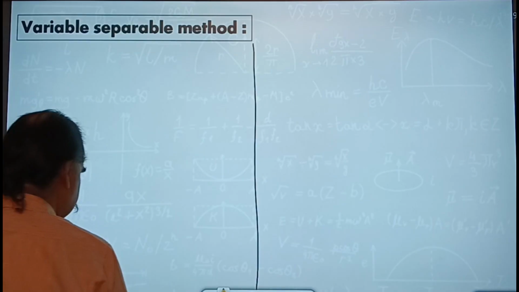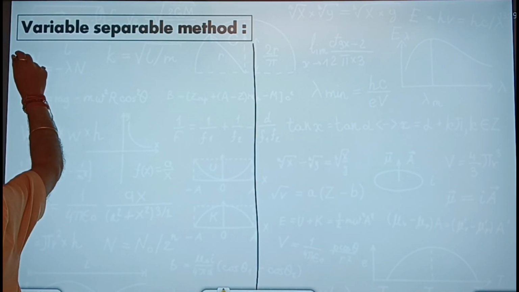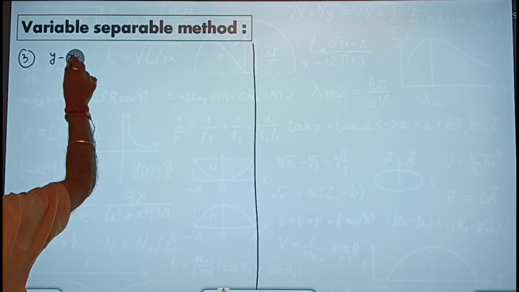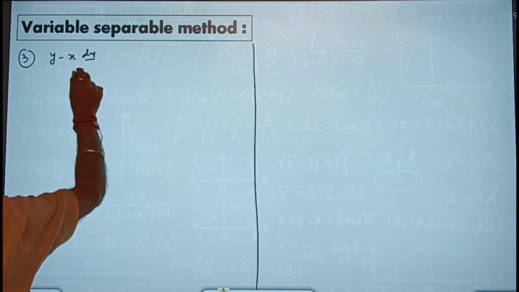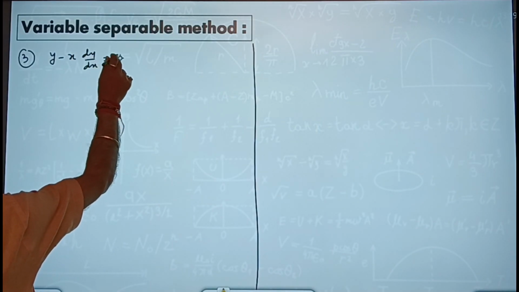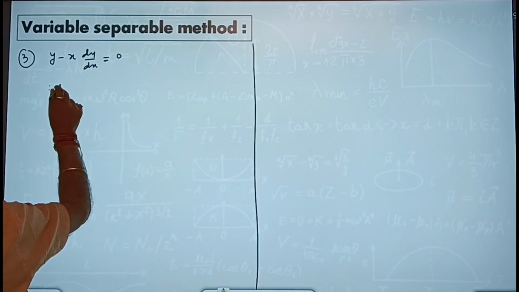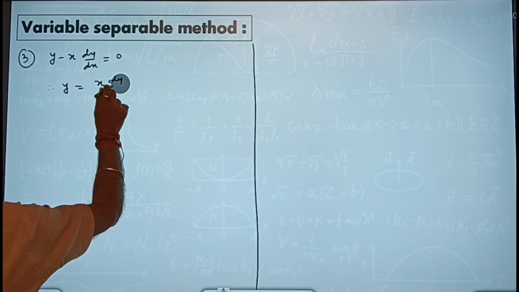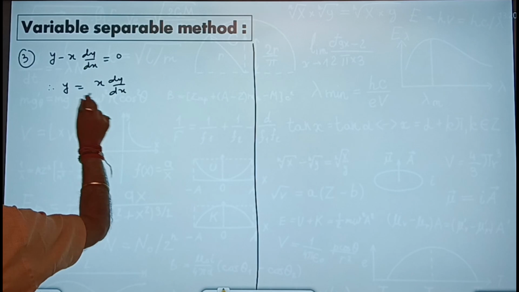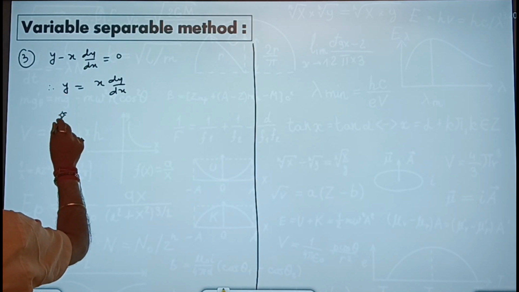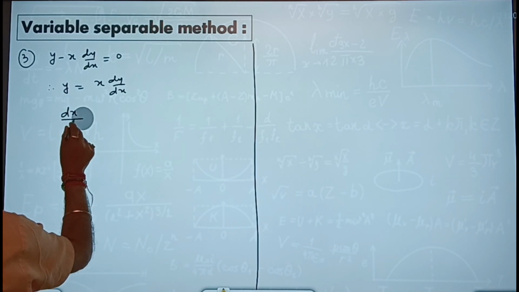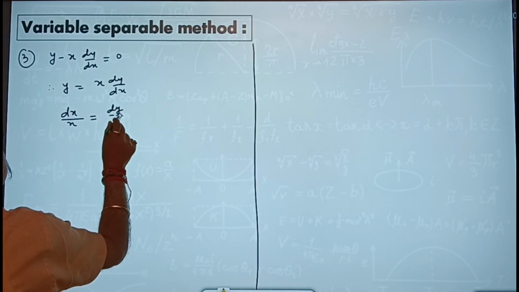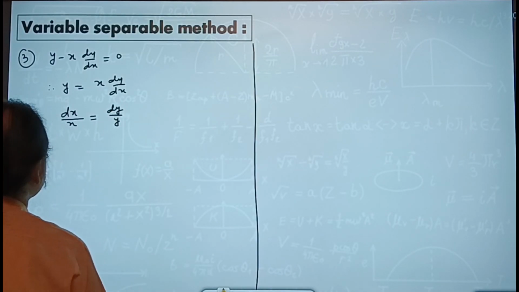Next, y minus x dy by dx is equal to 0. Therefore, y is equal to x dy by dx, and x you bring on this side. dx upon x is equal to dy upon y.